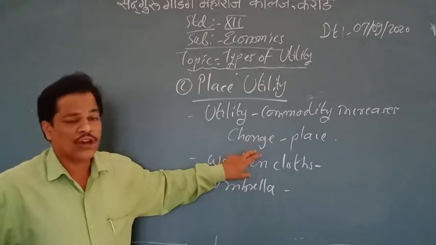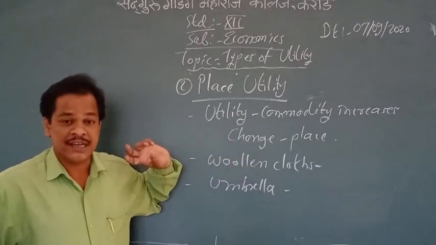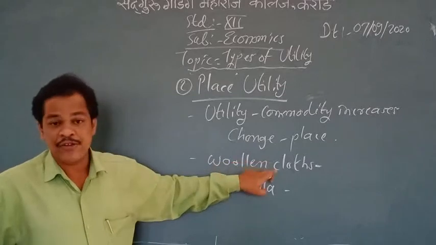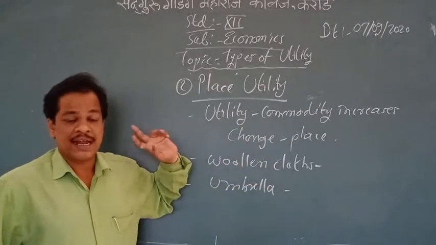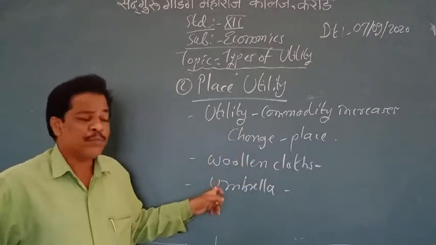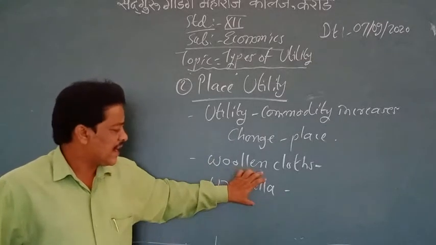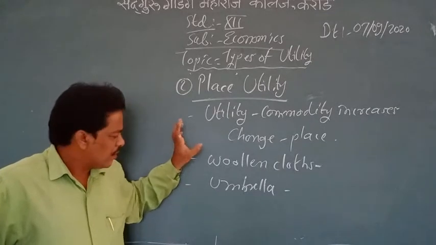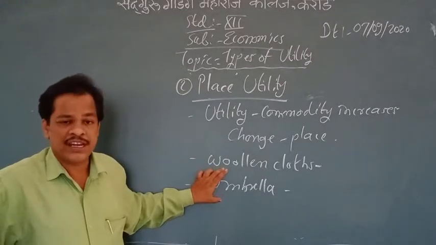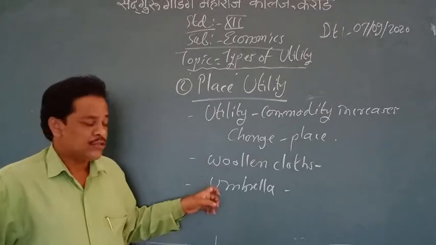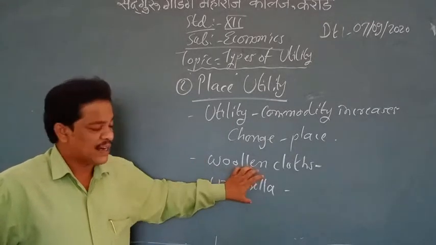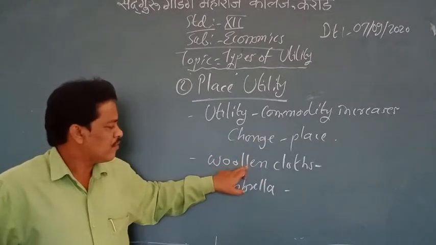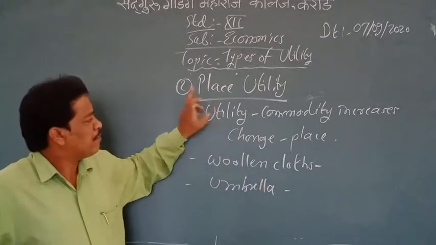For example, you are not going to use woolen cloth in Rajasthan. Definitely you are going to use woolen cloths in Kashmir. So these woolen cloths have utility at cold places rather than hot places. Again, see the example of an umbrella. Where there is rain, almost every month, the people are going to use umbrellas. So it has utility where the rain is there. Woolen cloths have utility where cold is there at the time of winter. So it is called place utility.